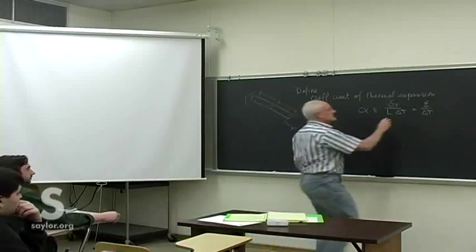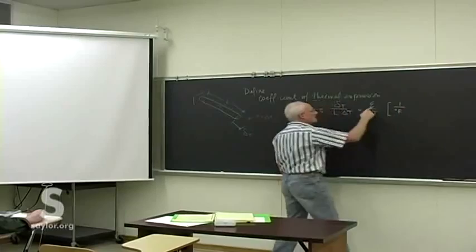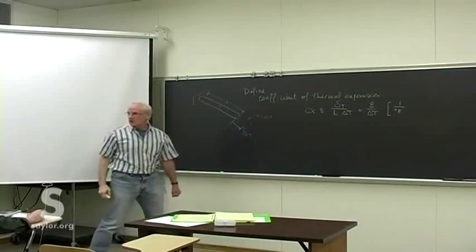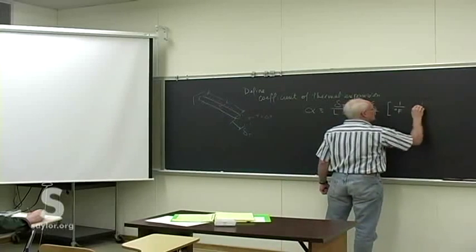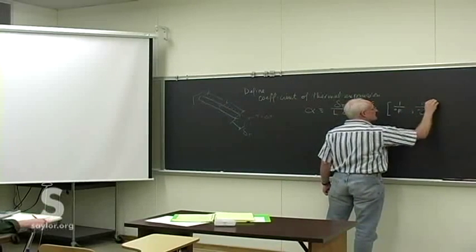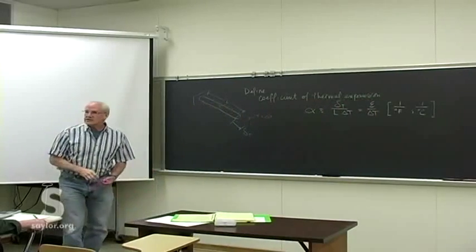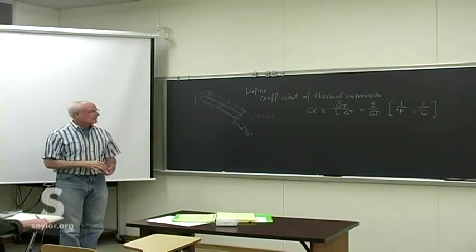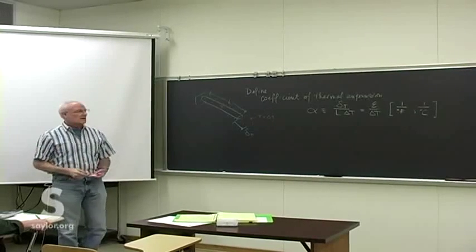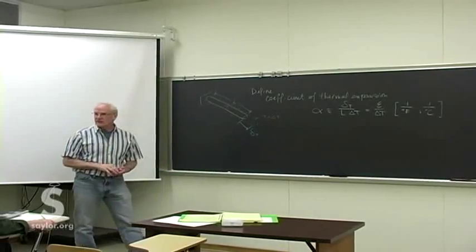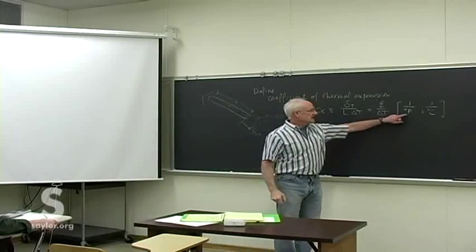It tends to have units of something like 1/degree Fahrenheit. Remember, the strain has no units, so this has just the temperature on the bottom. Or 1/degree Celsius. And if you think about it for a second, it doesn't actually matter if these temperatures are in Fahrenheit or Rankine or in Celsius or Kelvin, because the amount of temperature change is the same size.